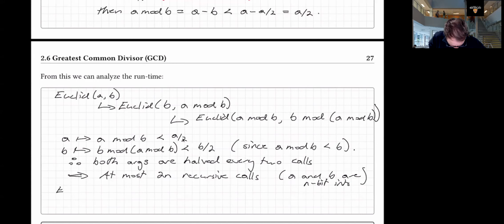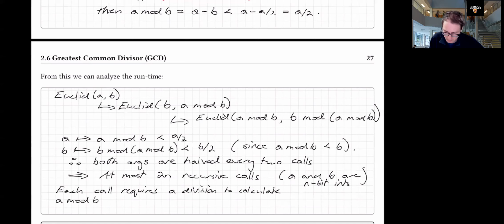Now, each call requires a division to calculate A mod B. And so that implies order n squared per call.